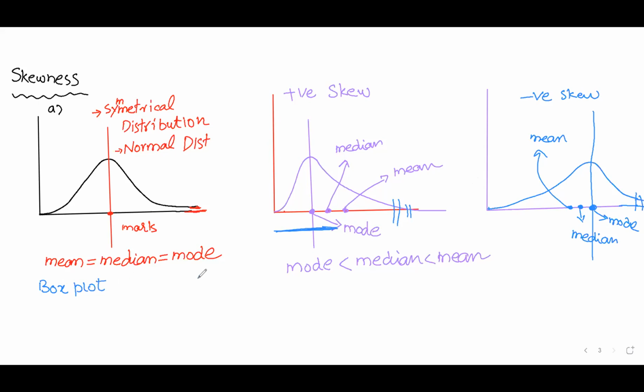What is a box plot? A box plot is a diagram which tells you the data distribution, right? For example, it will look like this one. Let me make it more clear. So okay, the box plot looks like this.